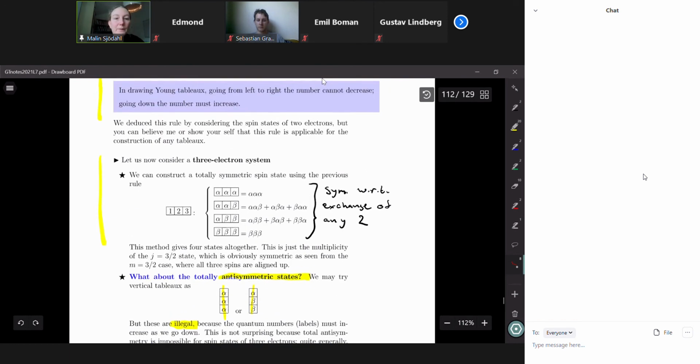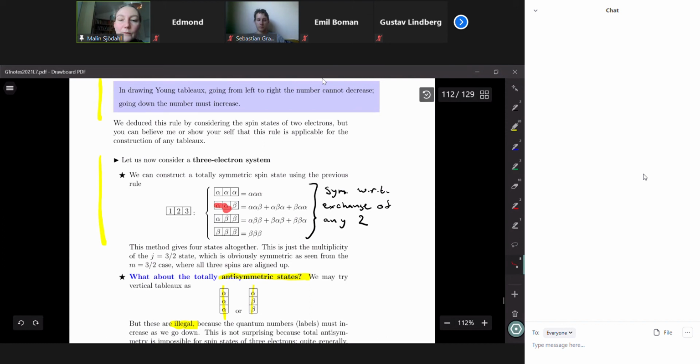So those are the two conclusions that we made so far. Okay, then we complicate matters by considering a free particle state, for example a free electron state. Now we draw the Young tableau as 1, 2, 3, corresponding to three particles. We have three particles, but we still imagine that we only have 2 possible states. So we can have that all particles are in the same state, and then we can symmetrize, and that's easy.